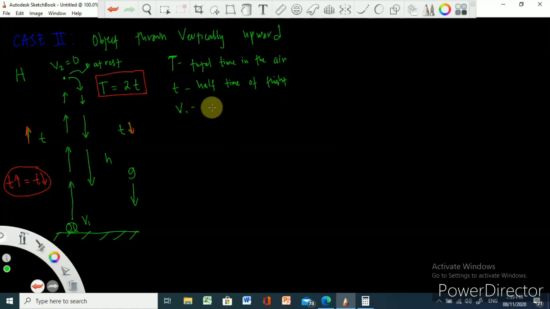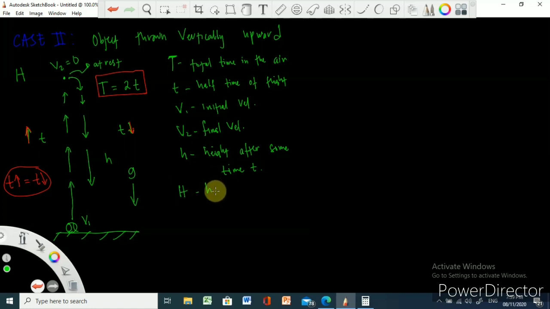V1 is your initial velocity. V2 is your final velocity. Small h is your height after some time t, while capital H is your height of the highest point.